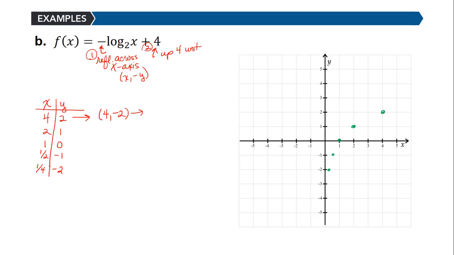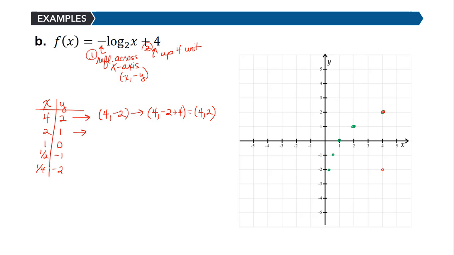And then I've got to shift that up 4 units. So -2 plus 4 would take me to (4, 2). So actually that point stays where it is. That's not always the case, but it will actually stay there. Right, so I had to shift it over to (4, -2), and then I had to move it up 1, 2, 3, 4, which takes me back to the same point.